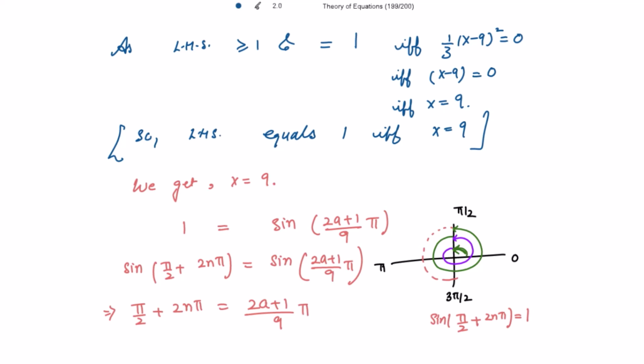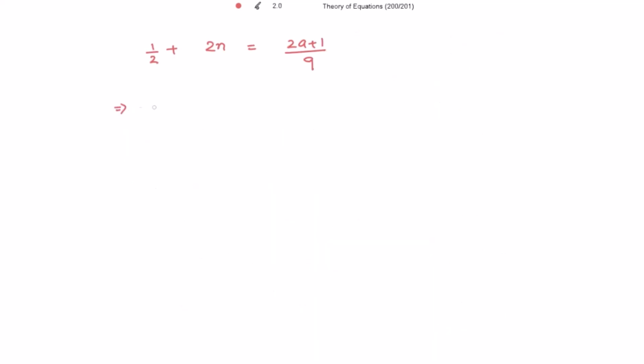Please remember we need to get the value of this parameter a, right? Okay, then next, cancelling this pi, we get 1 divided by 2 plus 2n is equal to 2a plus 1 divided by 9. That implies 1 plus 4n divided by 2 equal to 2a plus 1 divided by 9. So that is 9 plus 36n equal to 4a plus 2.